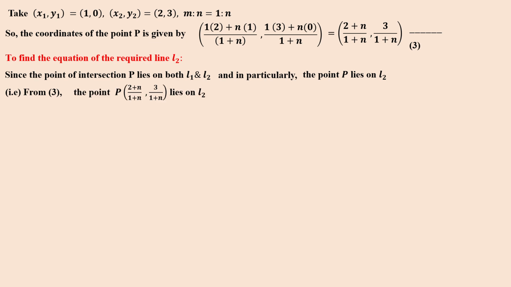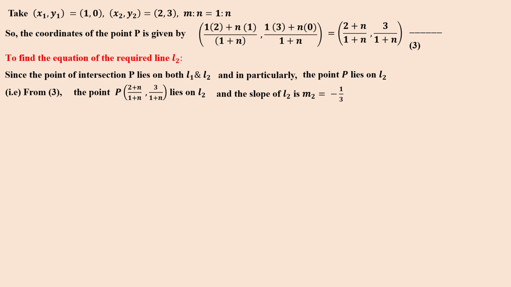So that point lies on L2, and we know the slope of L2, that is -1 by 3. That means the line L2 passes through that point, and its slope m2 is -1 by 3.